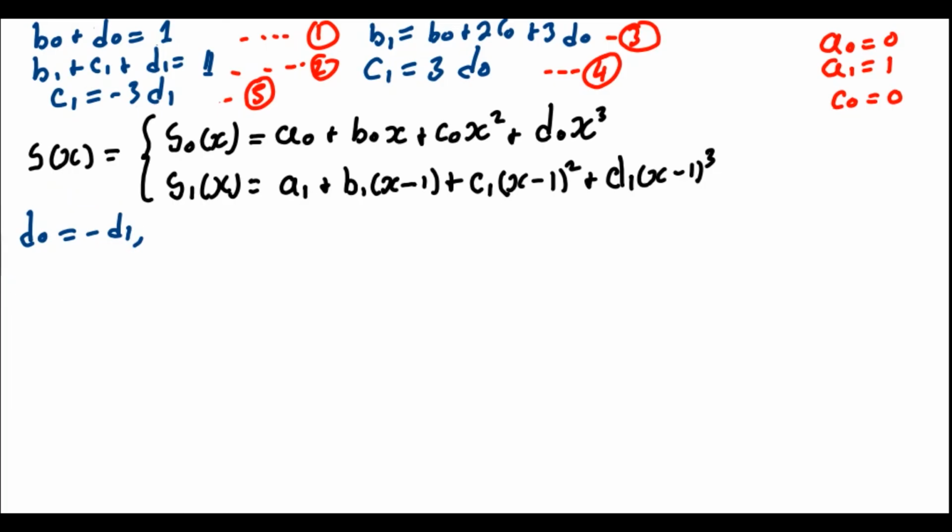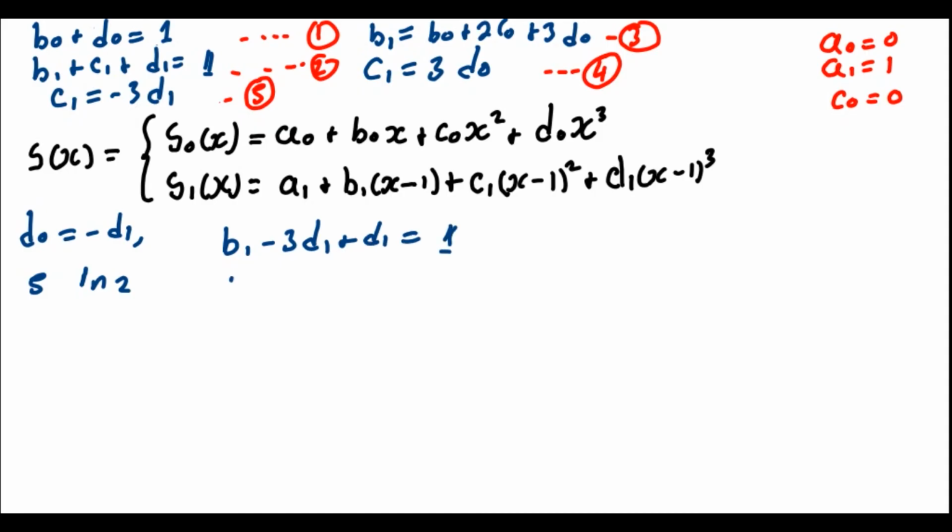So I'll substitute 5 in equation 2. Equation 2 is equal to this one here, then substitute 5. It simply means where there's C sub 1 here, I'm going to put this one. So this is going to be B sub 1 plus, but that will actually be a minus 3D sub 1, plus D sub 1 is equal to 1.